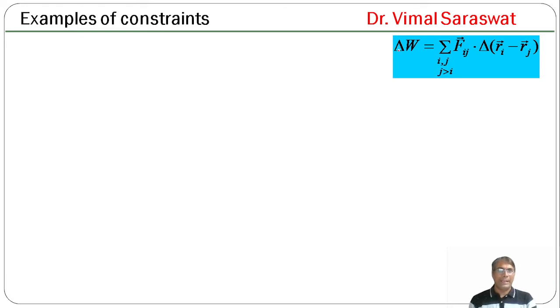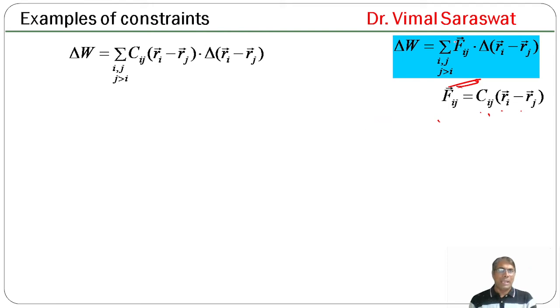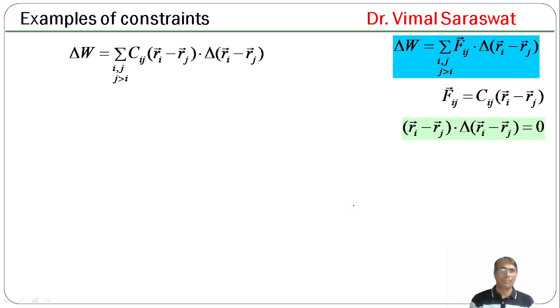Now, del W is given by this equation, and Fij equal to Cij (Ri minus Rj). So, if we replace Fij by Cij (Ri minus Rj), then del W equal to sigma ij, j greater than i, Cij (Ri minus Rj) dot del (Ri minus Rj). But (Ri minus Rj) dot del (Ri minus Rj) equal to 0.